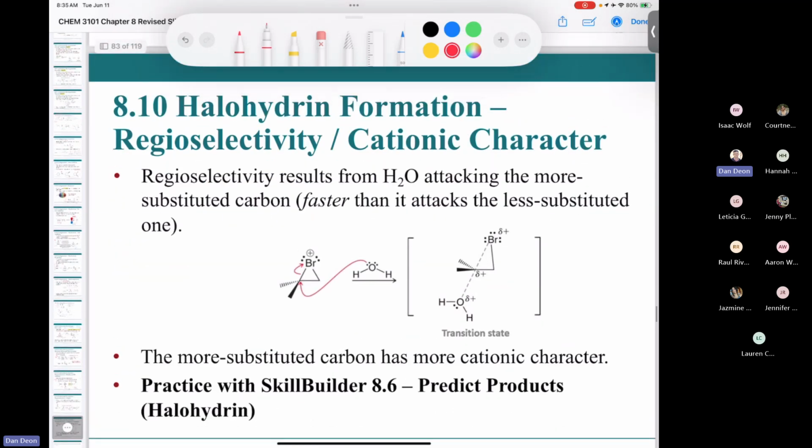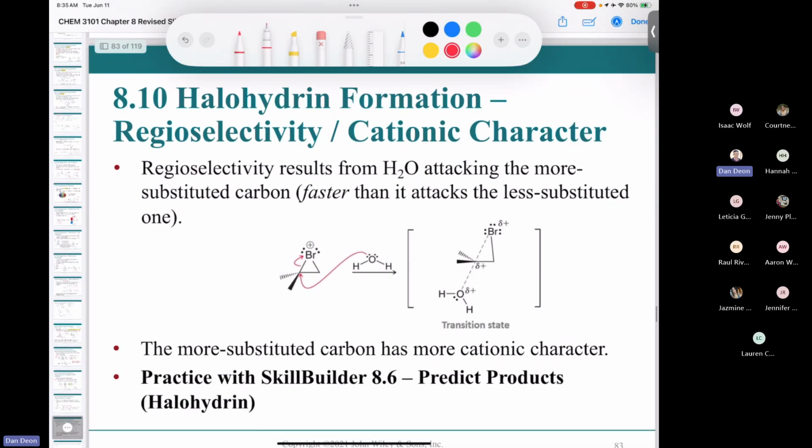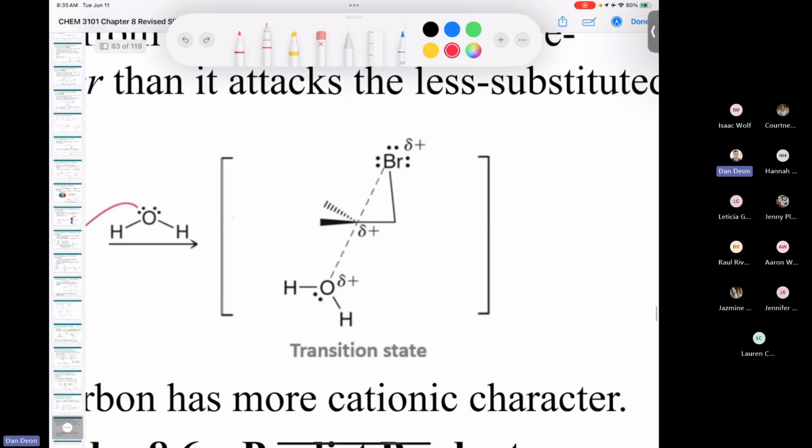The reason is because of the more substituted carbon, when you pass through the transition state, and I'm never going to ask you to draw this transition state. Most students just memorize this, and that's totally fine. But if you investigate the transition state, if the nucleophile, meaning the water, attacks the more substituted carbon, that means the positive charge is going to pass from the bromine down to the oxygen, and at some point the positive charge is going to be on that carbon.